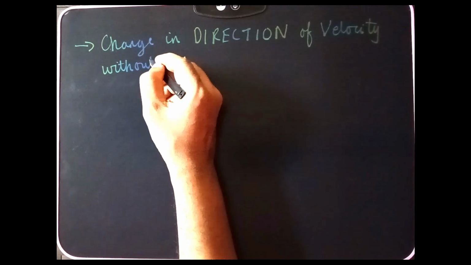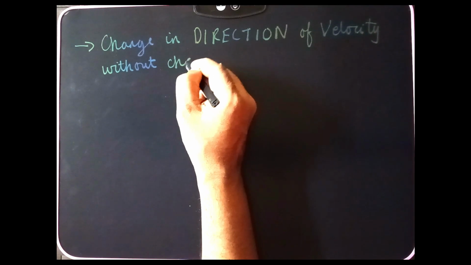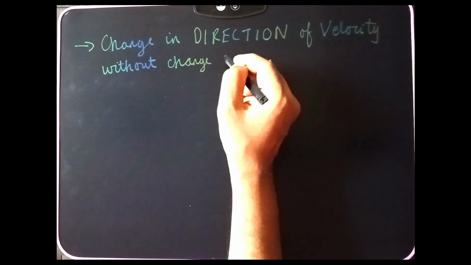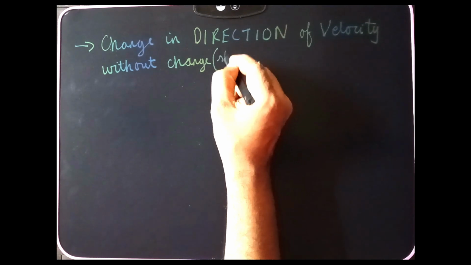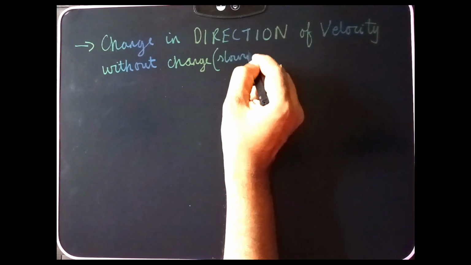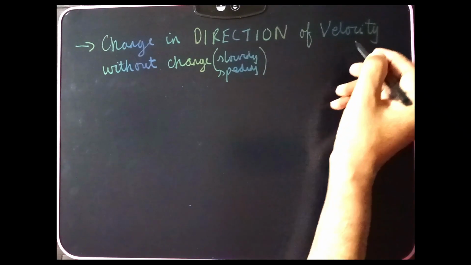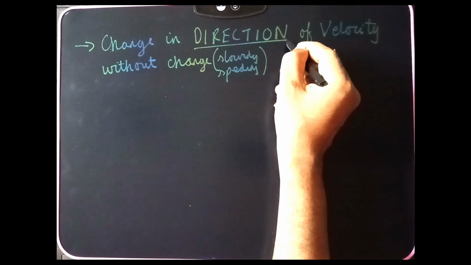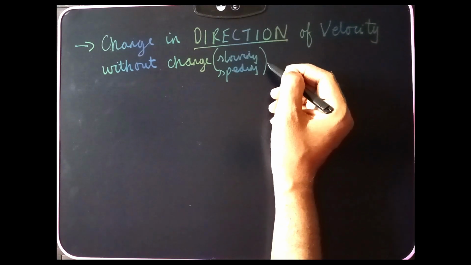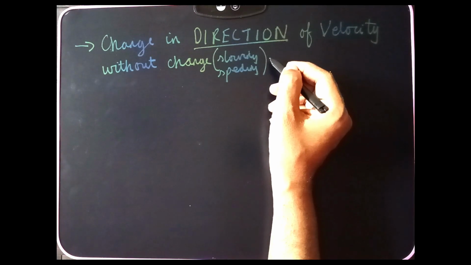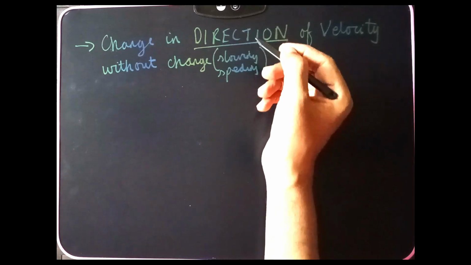This is one very important concept. Without change means either without slowing down or speeding up. That means here only direction has changed, but the velocity magnitude has not changed. That means there is no slowing down, neither speeding up of the particle.